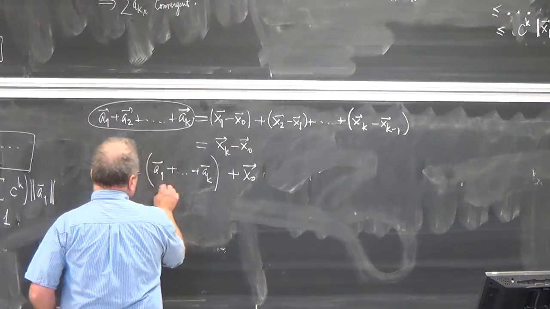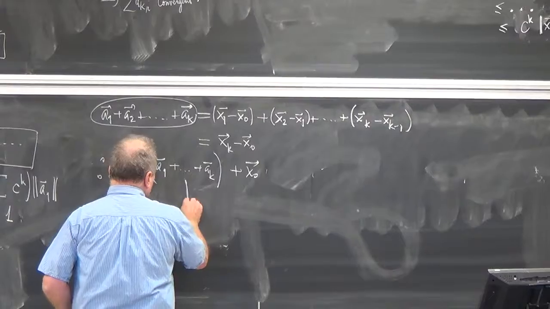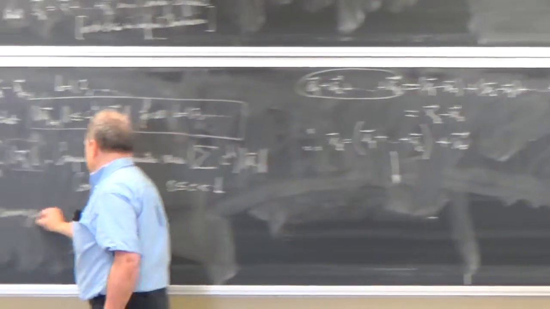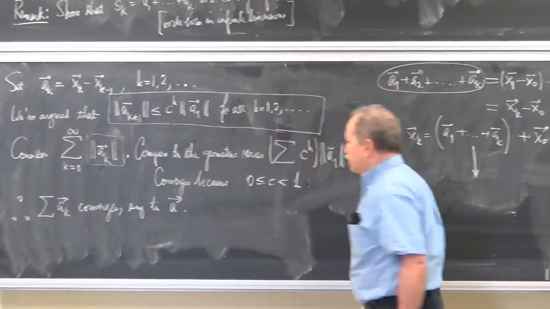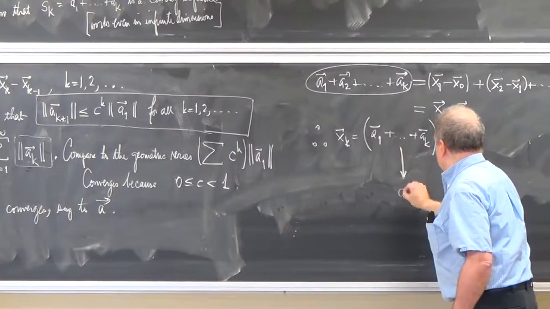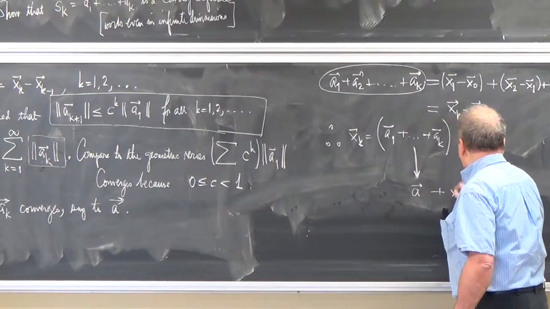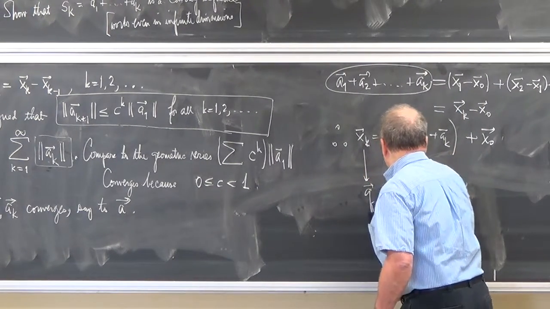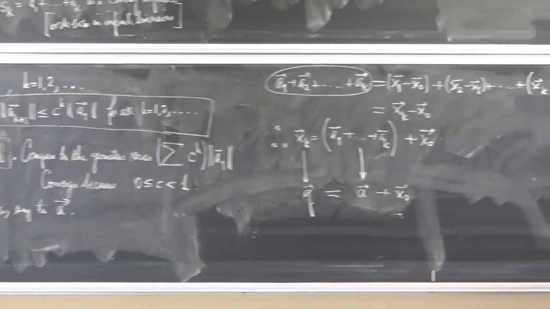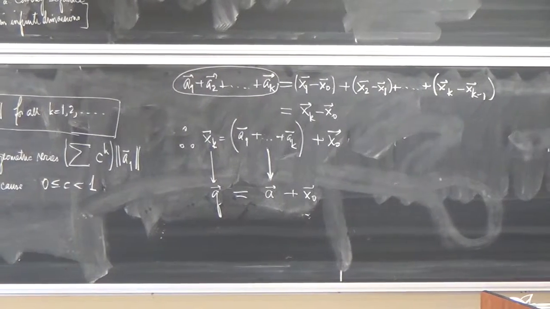So the xk's converge to A plus x0, which is exactly what you would say.